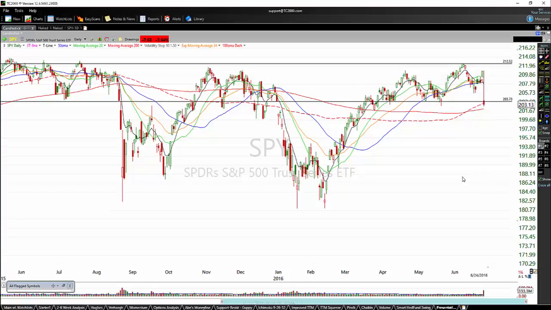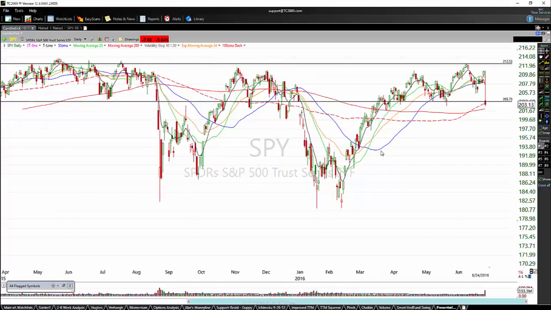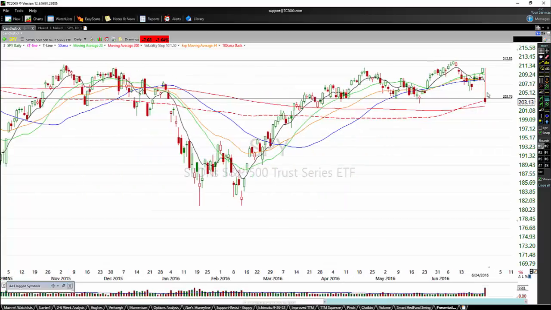As we look at the overall market, even excluding this terrible candle from Friday, which was the Brexit day, I would say that for a long term, since 2014, we have been chopping sideways within this channel. Yes, there have been a few little excursions outside of that range, but in general, we have been chopping sideways in that range.